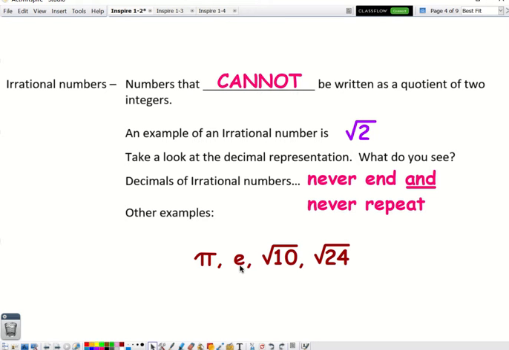Speaking of getting way ahead of ourselves, here's another quick example. This number that we just refer to as e, the natural exponential or Euler's number. You'll learn eventually, like in pre-calculus, all about this number.